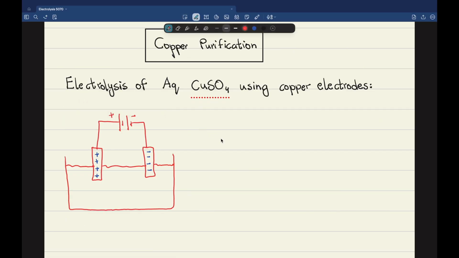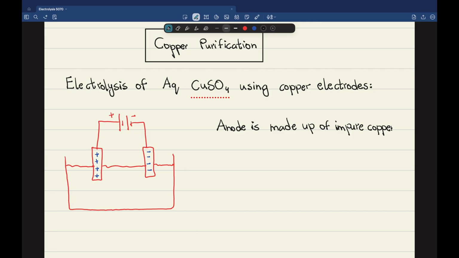अच्छा जी. What are those things? अच्छा, what we do is that the anode is made up of, right? The anode is made up of impure copper, right? Impure copper. What do I mean by impure copper?